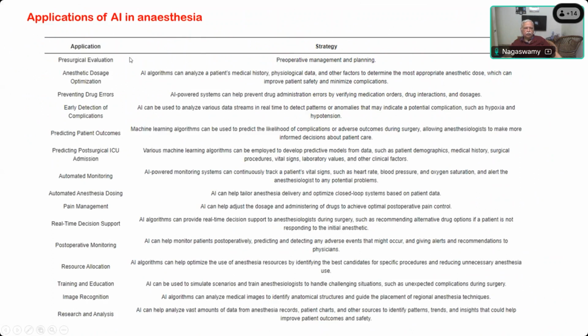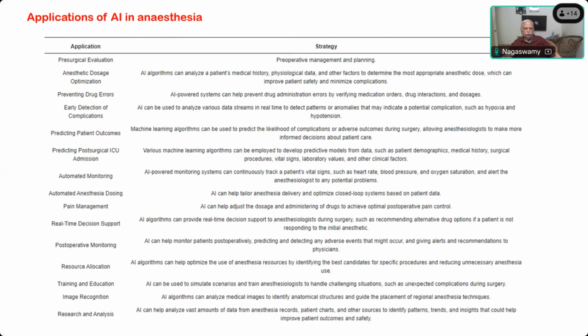If you feed all the data, say, if the BMI is less than this, you give ASA 1 category. If the BMI is more than this, you give ASA 2, ASA 3.